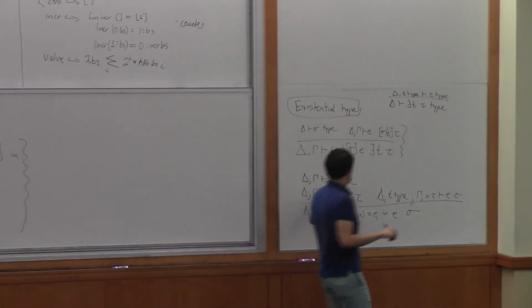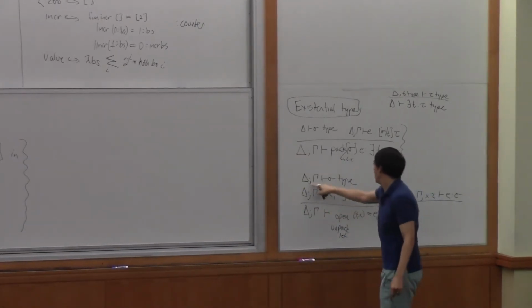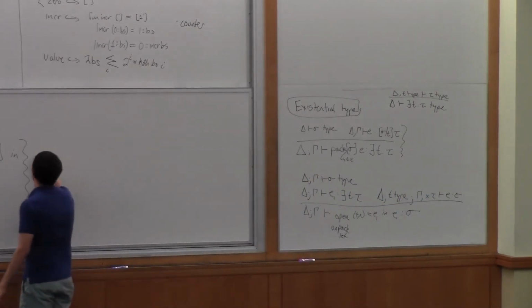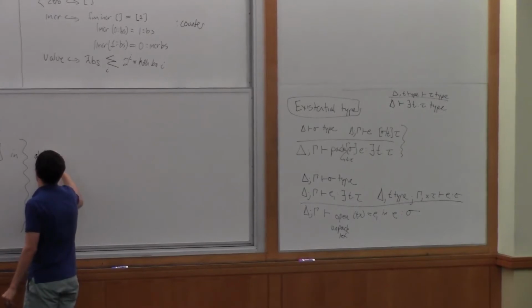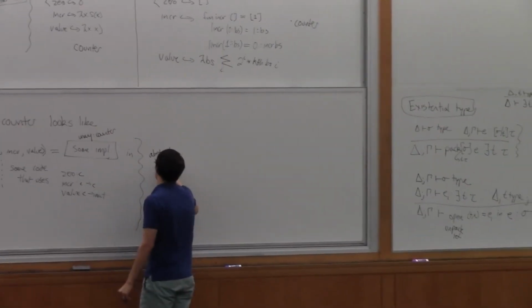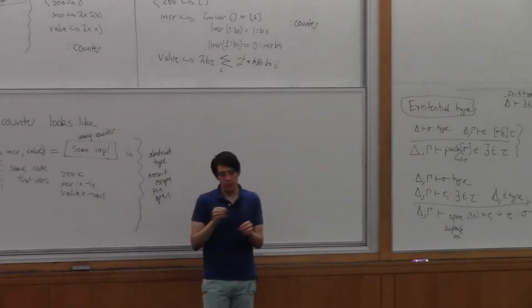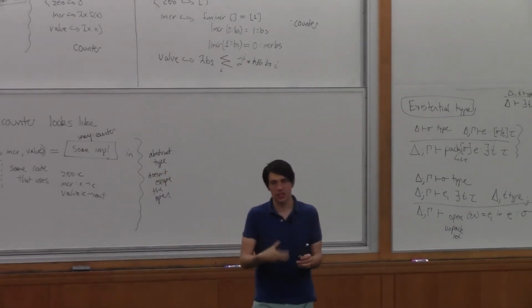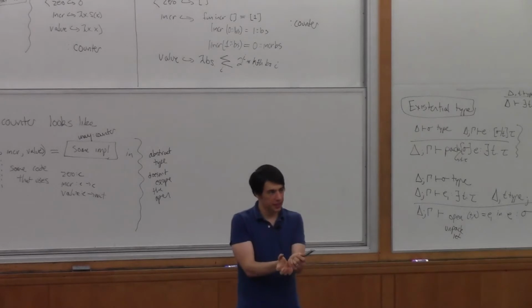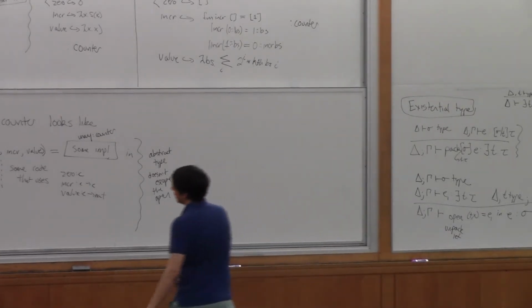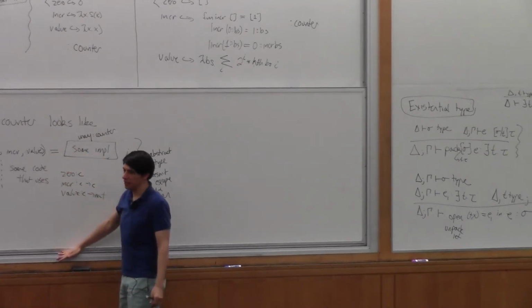And then the condition that sigma is a type not dependent on t says that the abstract type doesn't escape the open. So you're not allowed to return something that includes a t from the whole open. You have to be done with your use of the private module by the end of the open block.